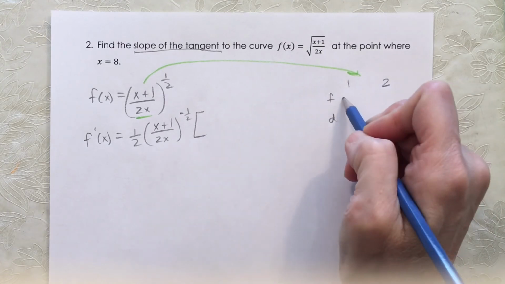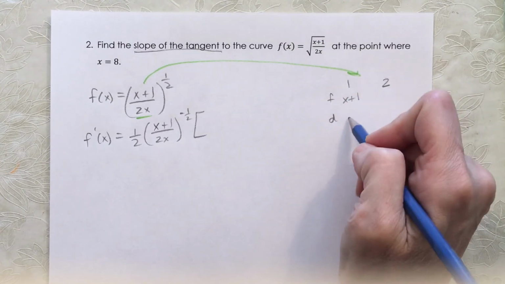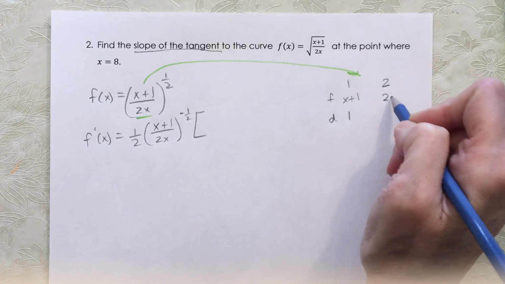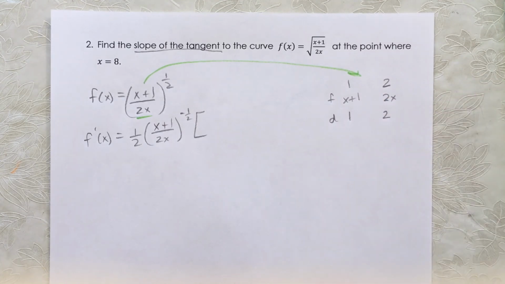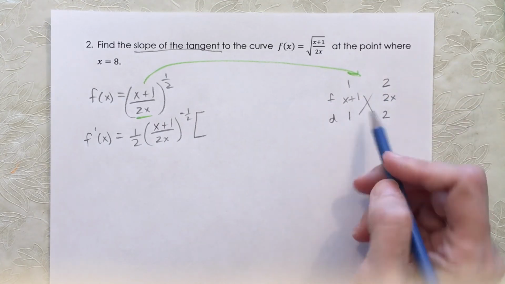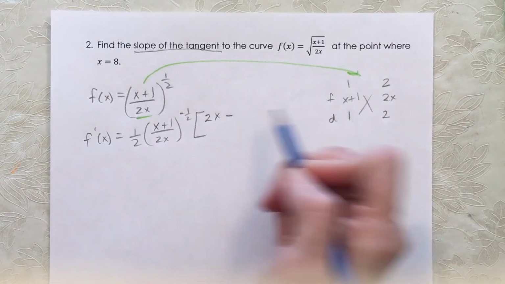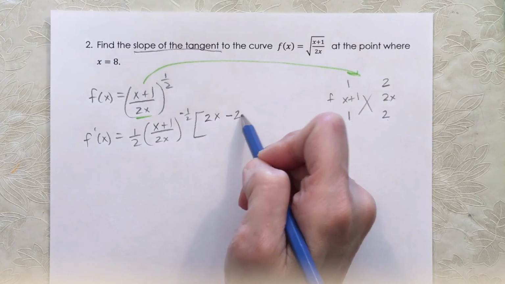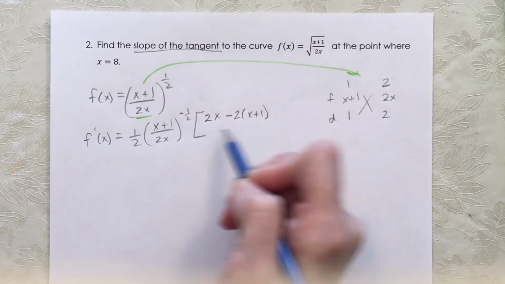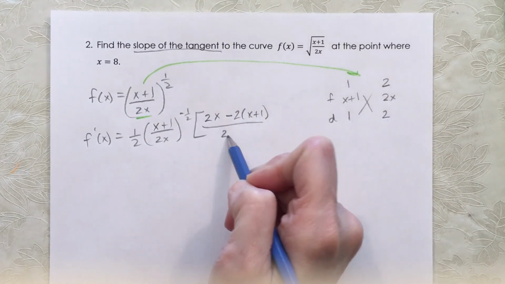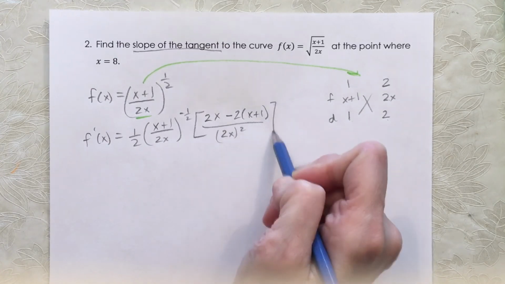So the first function is x plus 1, and the derivative is 1. And the second function is 2x, and the derivative is 2. And the quotient rule is derivative of the first times the second minus the first times the derivative of the second, all over the second squared.